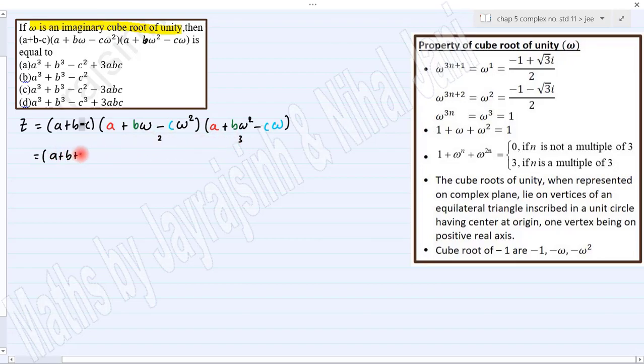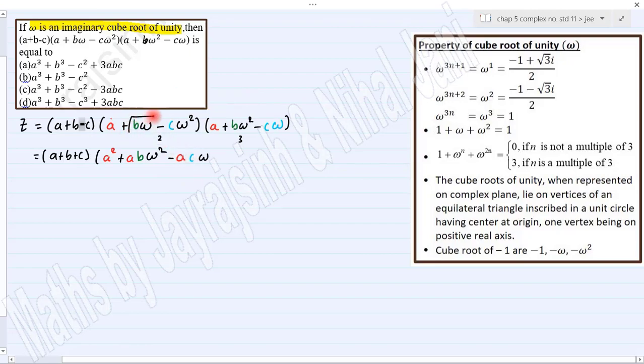So your first term will be as it is. Let's begin: a into a will give us a square. Then a into bω² will give us abω². And finally a into -cω will give us -acω.